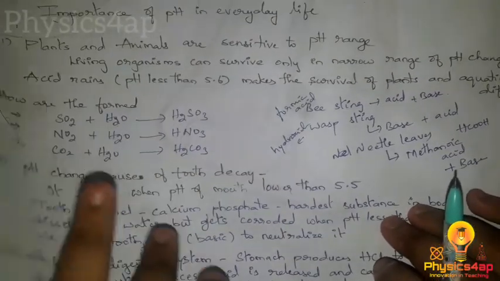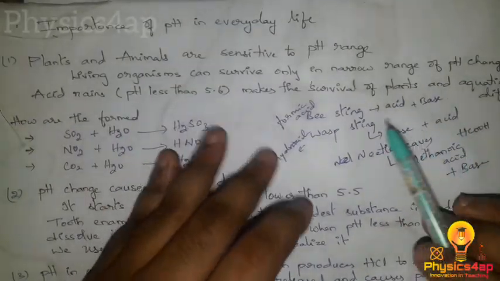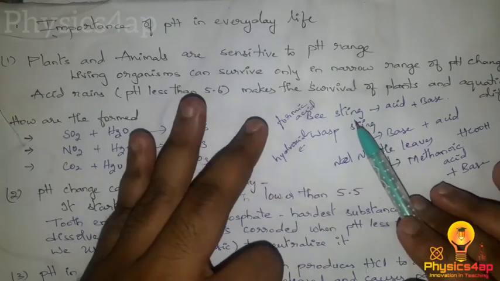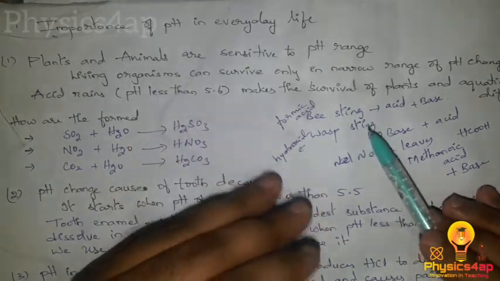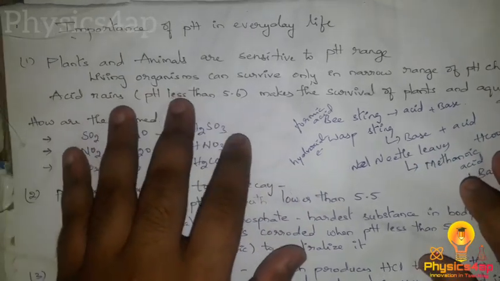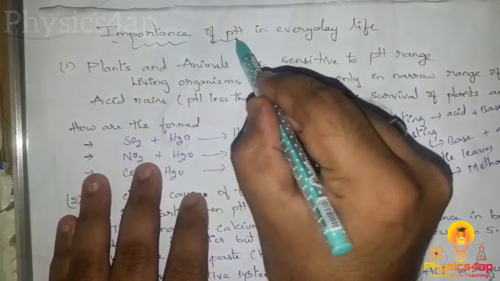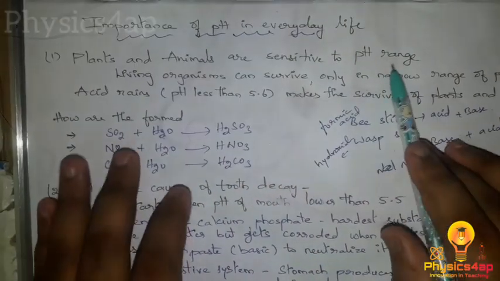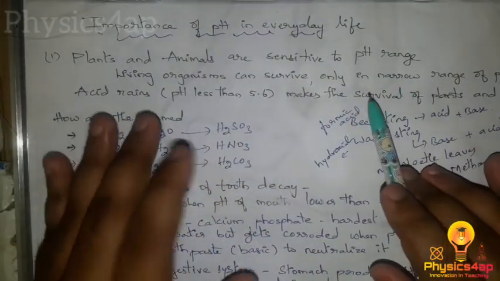Not only these, the plants and animals which have an acidic or basic nature use it for their survival also. So these are the importance of pH in our daily life. That is, plants and animals need a narrow pH range to survive.